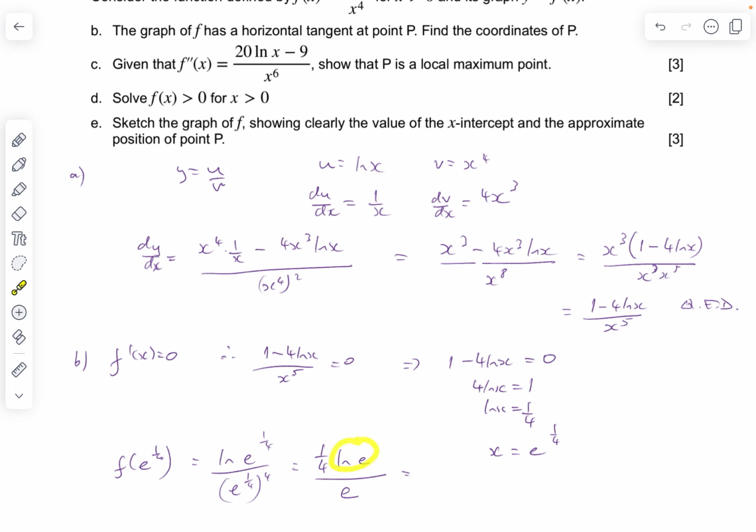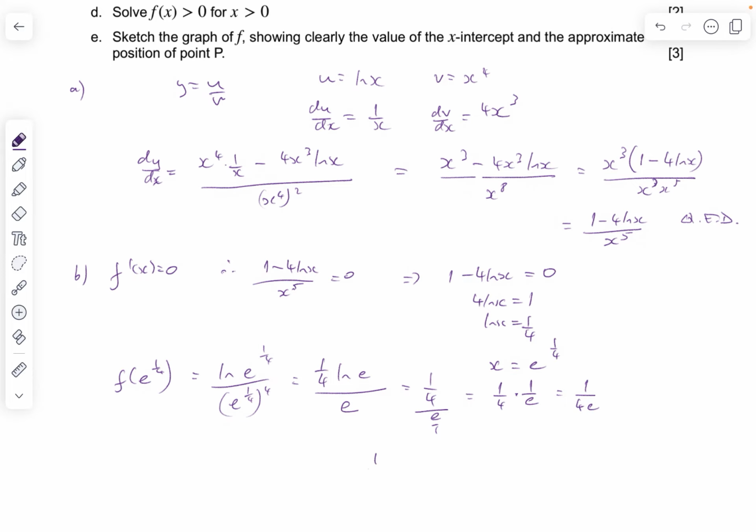And log of e by definition is 1, so we get a quarter divided by e over 1. Divide by a fraction, I turn it upside down and multiply. So that gives me 1 over 4e. So the coordinates it wanted are, sorry, e to the quarter, 1 over 4e, from our x value and our y value.